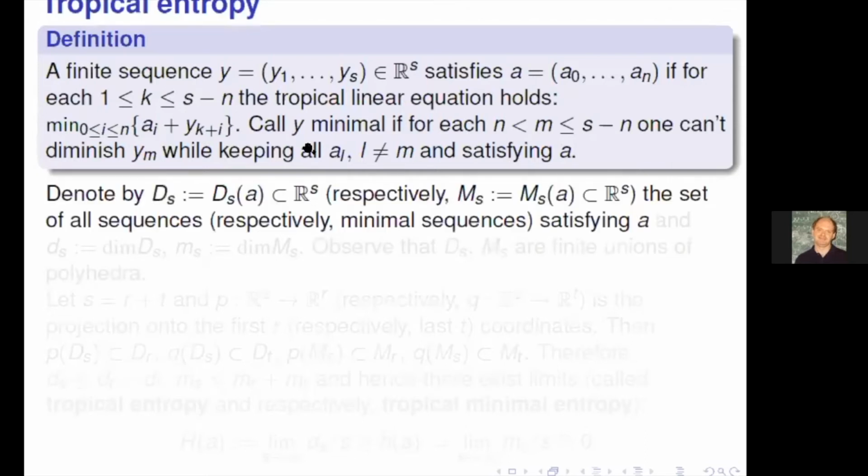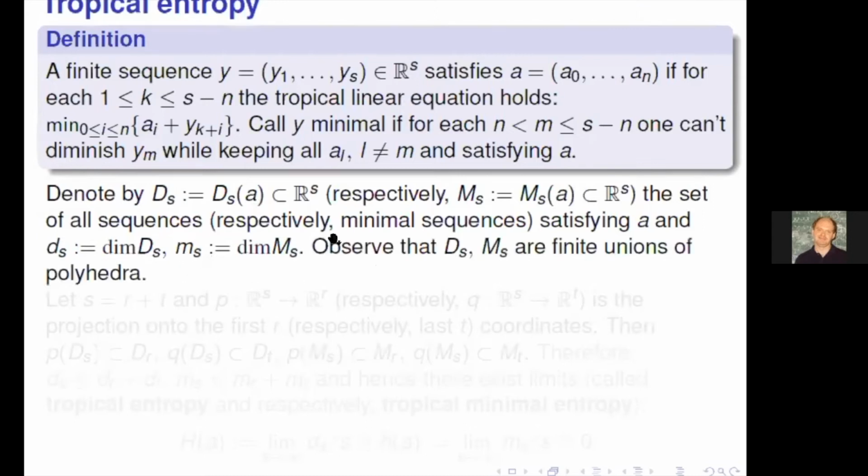Now we consider the set of all sequences of length s. We call them Ds, and respectively Ms is the set of all minimal sequences satisfying A. Geometrically, we are interested in their dimensions, small ds and small ms.